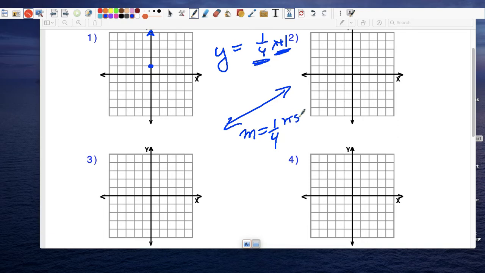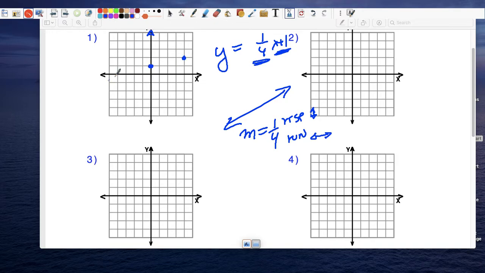So that gives me a hint as to how I can get my next point. So this is rise and run. To get to our next point, we can use this information. It tells us to go up 1 or down 1, and then either left or right, because that's my run. This is the movement left and right, and this is the movement up and down. You just gotta make sure you know which way to go. If we go up 1, we're gonna have to go to the right 4. 1, 2, 3, 4.